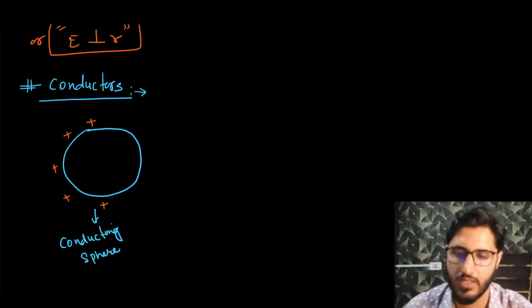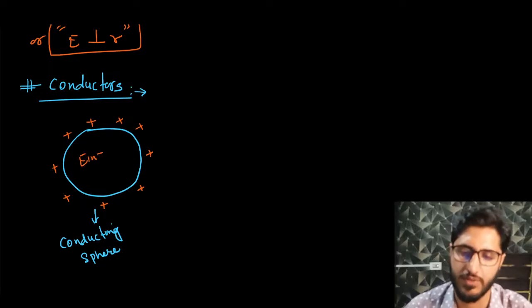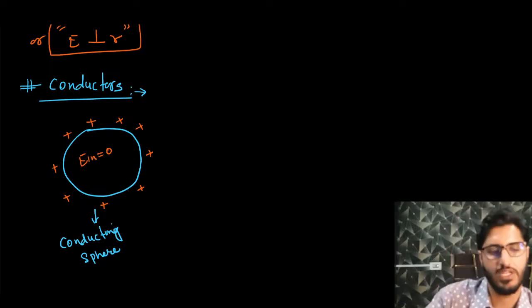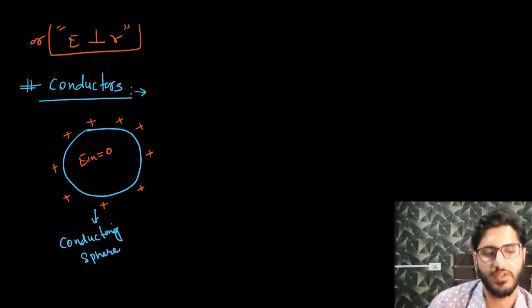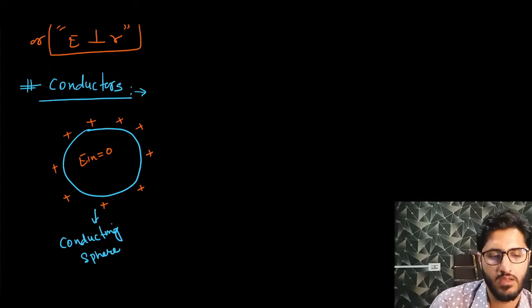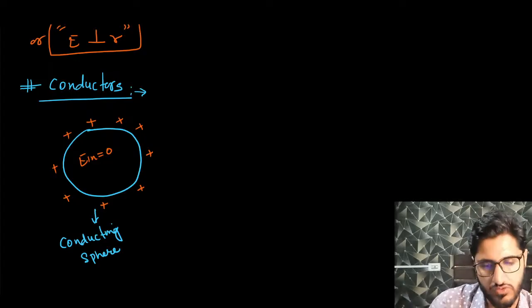Here the figure is symmetrical, so it will be uniform, and inside it will be zero, because inside there is no presence of charged particles. With no charged particles, the electric field will also be zero.